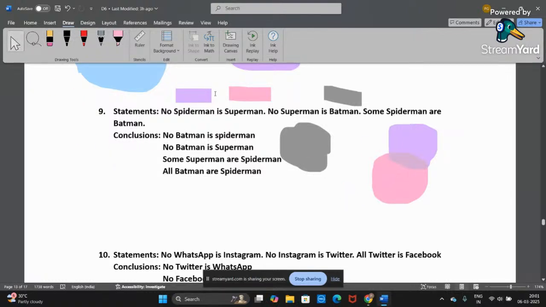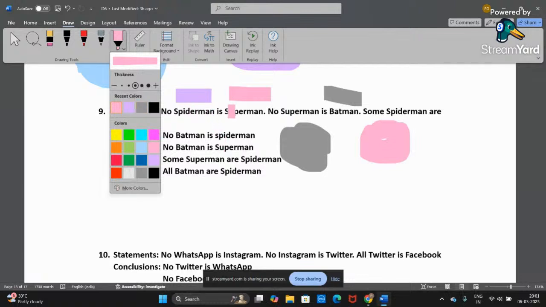See, again I'll repeat the answer. Spider-Man is indicated in purple, Superman is indicated in pink, and Batman is indicated in gray. Some Spider-Man are Batman. Actually, we have to take this condition. I have taken the options.